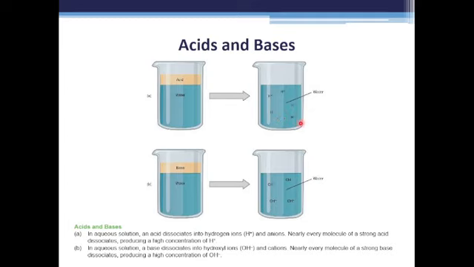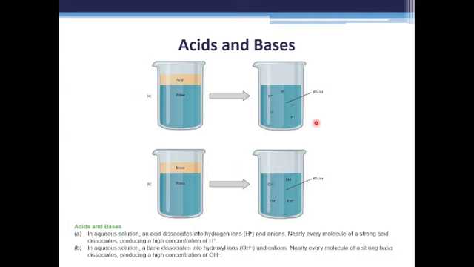Hydrochloric acid is found in the stomach, which is essential for digestion. And acids increase the concentration of hydrogen ions in the solution because they release hydrogen ions when dissolved in water.